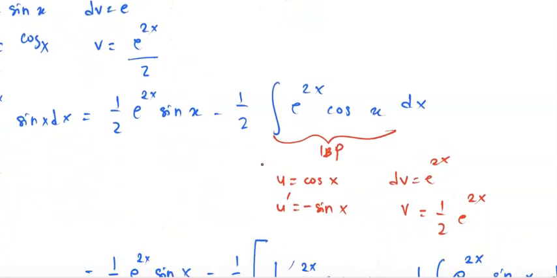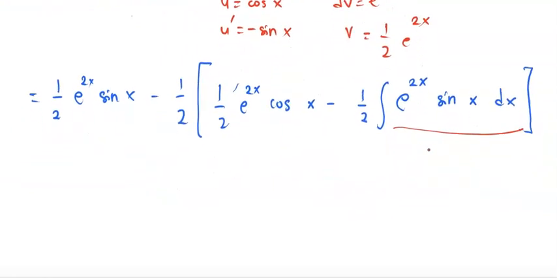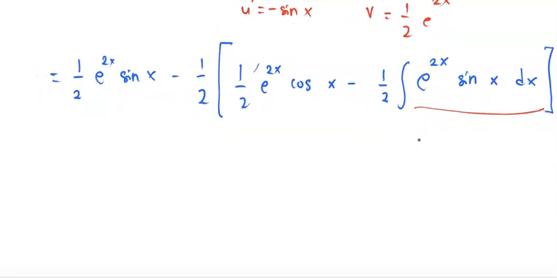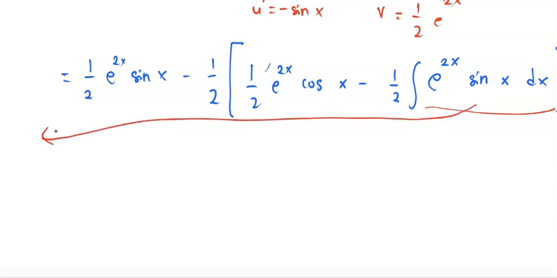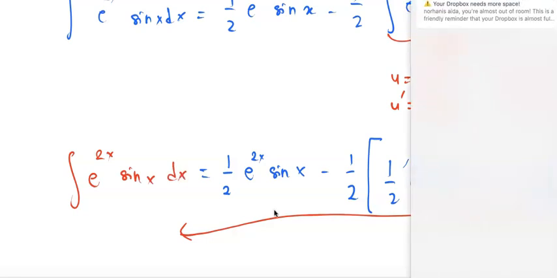Now you have the same function as you get here. So what should you do when you have this kind of condition? You have to bring this to the left, because what you have on the left is the integration of e to x sin x dx, then combine them together.